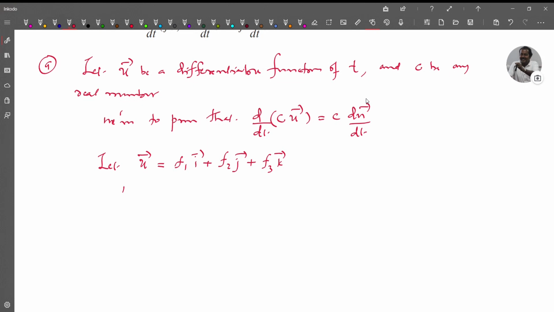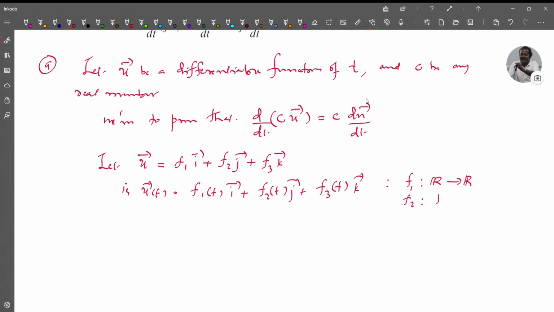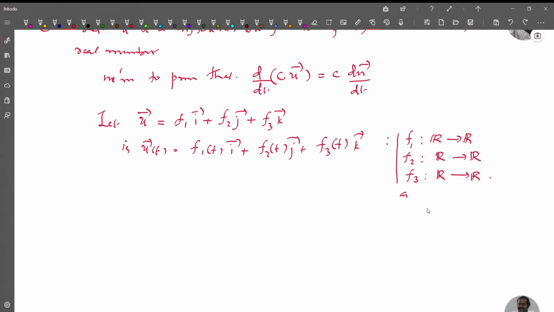That is, u of t equal to f1 of t into i plus f2 of t into j plus f3 of t into k, where f1 is a function from R to R, f2 is a function from R to R, and f3 is a function from R to R. So these are all real functions, and C is a real number. That is, C belongs to R.